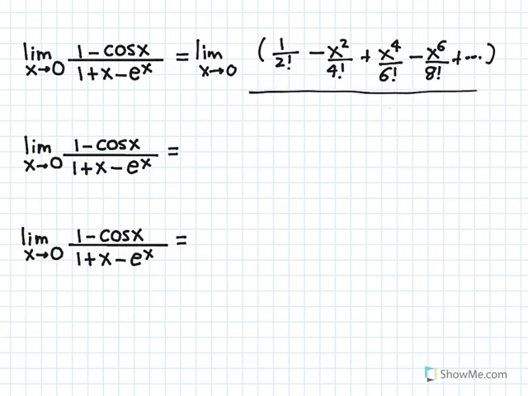I made the same mistake before. And in the denominator, we have negative 1 over 2 factorial minus x divided by 3 factorial minus x to the 4 divided by 4 factorial.